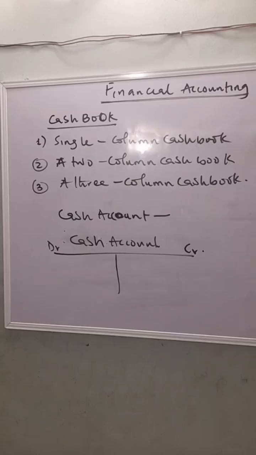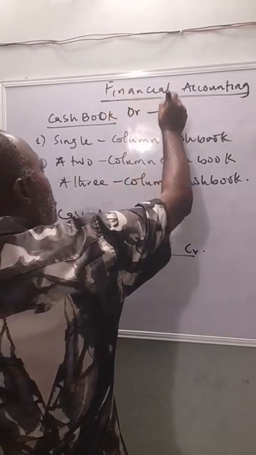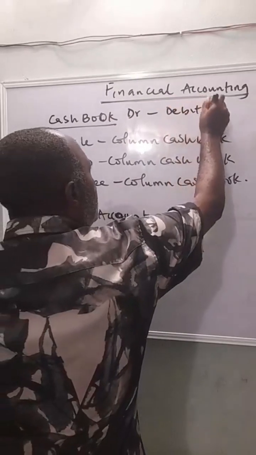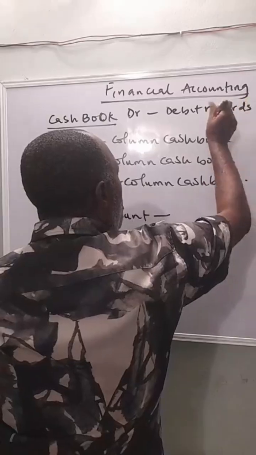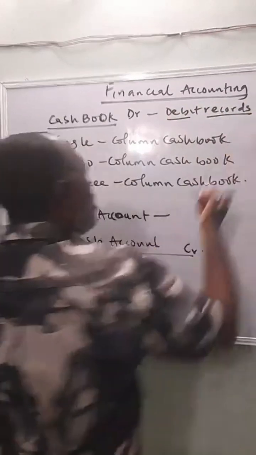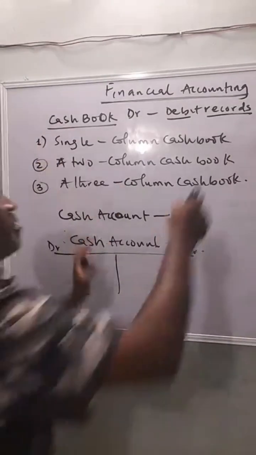That DR you see on the left debit side, if you look at it carefully, when you spell debit, it is D-E-B-I-T. That means in the spelling of debit, there is no R in it. In simple language, DR simply means debit records, so we normally call it the debit records side.